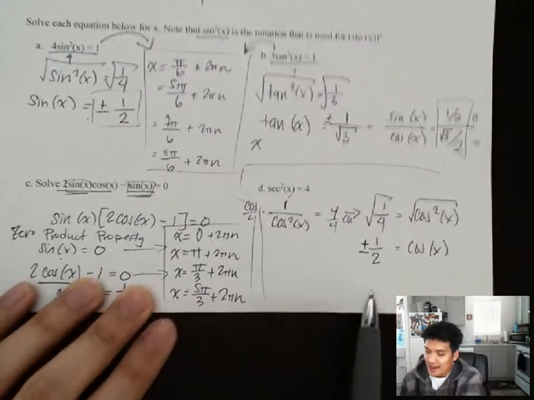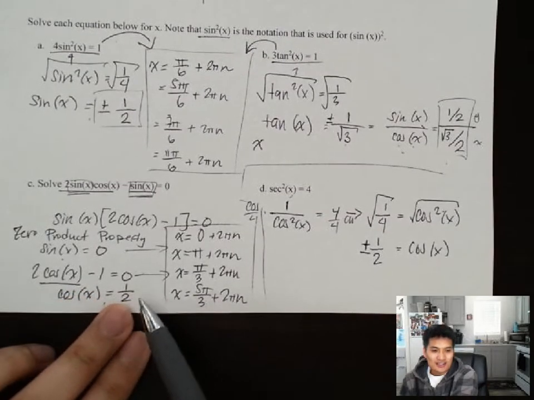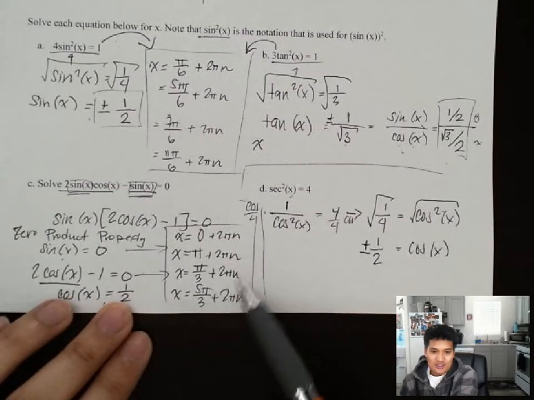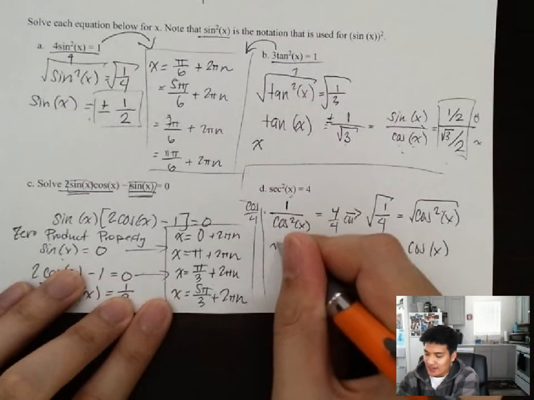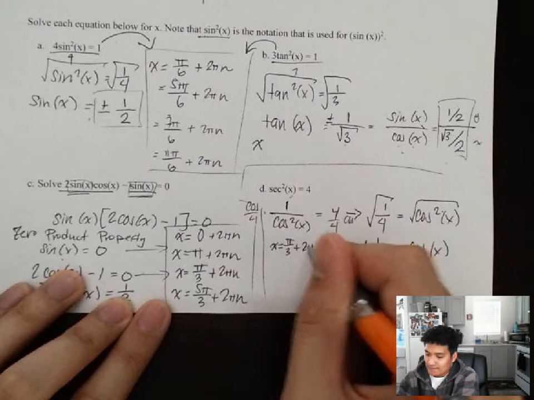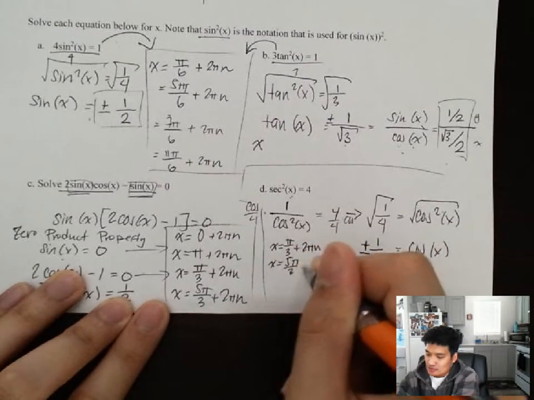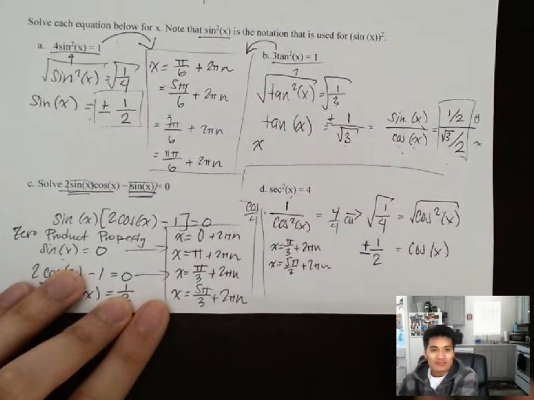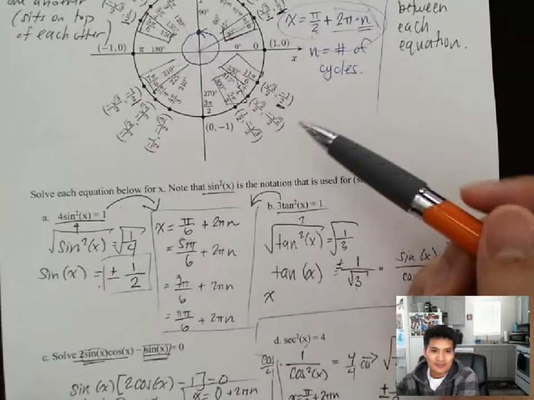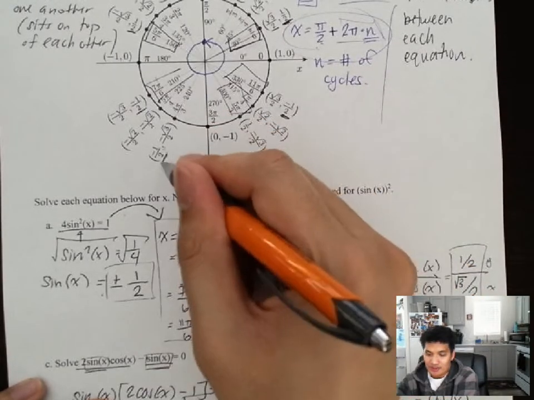Okay. Then we want to do the same thing. We already figured out over here that cosine is equal to 1/2, and these are the solutions to that. So let's go ahead and rewrite that. But now we need to figure out the other one. Cosine is negative 1/2, and that's right over here.